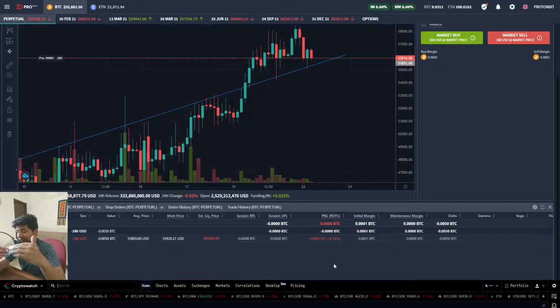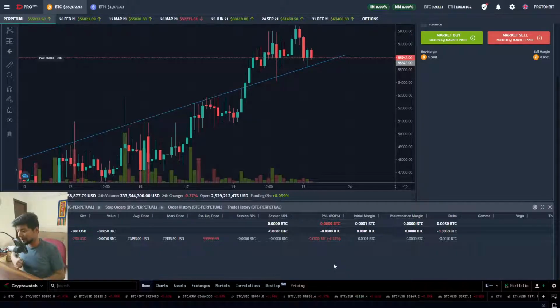Having a spot exposure and going for a futures short position is called delta neutral. That tells you how you can go for some passive revenue without any risk in the market.